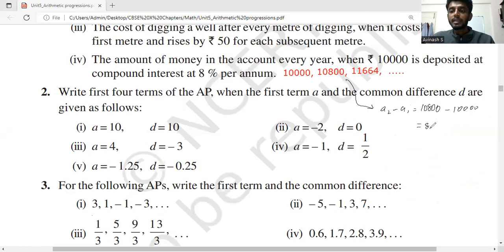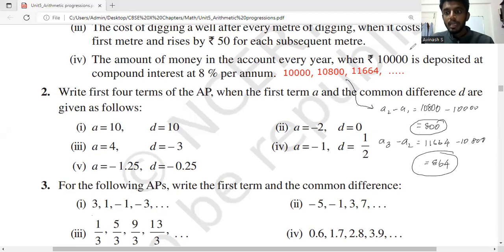So you will be getting 800. And when you do A3 minus A2, you will be getting 11,664 minus 10,800. This will give you around 864 or something. So you can clearly see this is 800, but this is 864. The differences are not the same. So therefore, we can say it is not an AP.